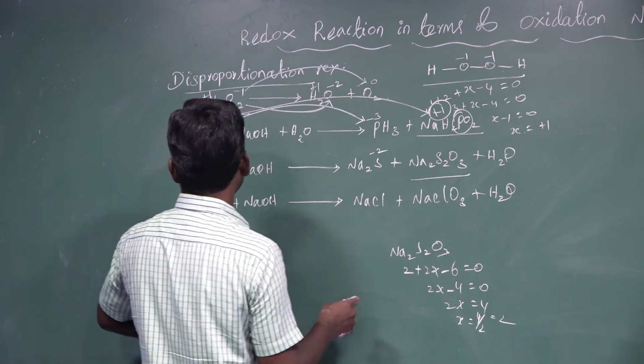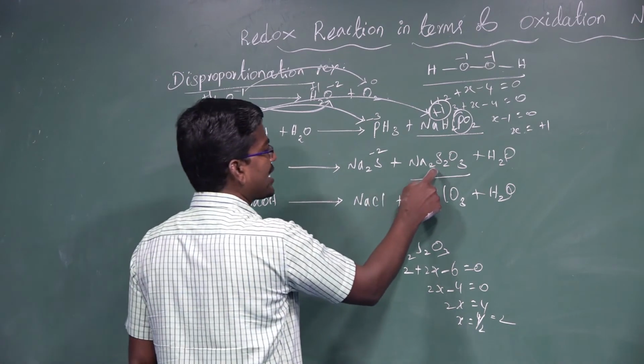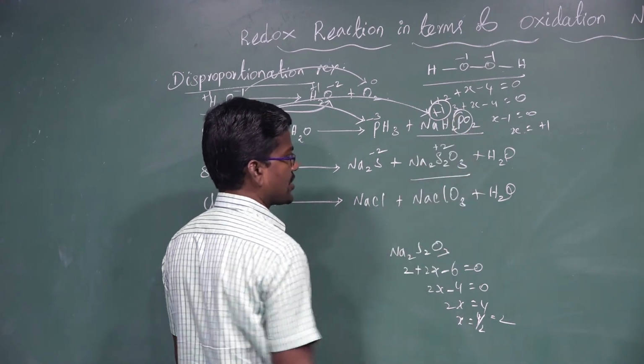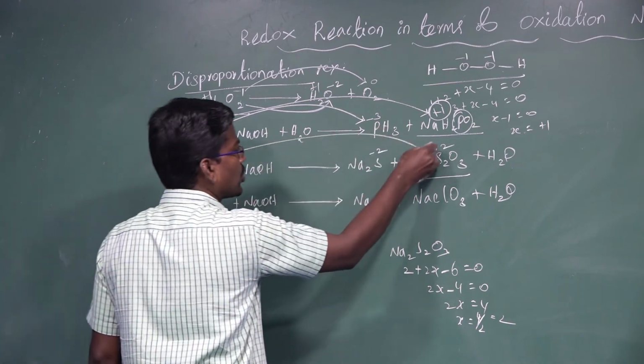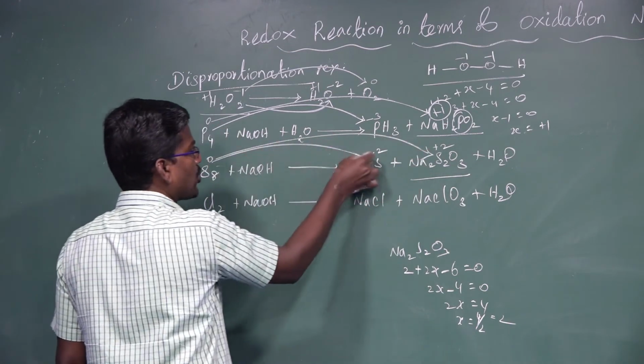So the oxidation state of sulfur in sodium thiosulfate is plus 2. So 0 can be oxidized to plus 2, and 0 can be reduced to minus 2.